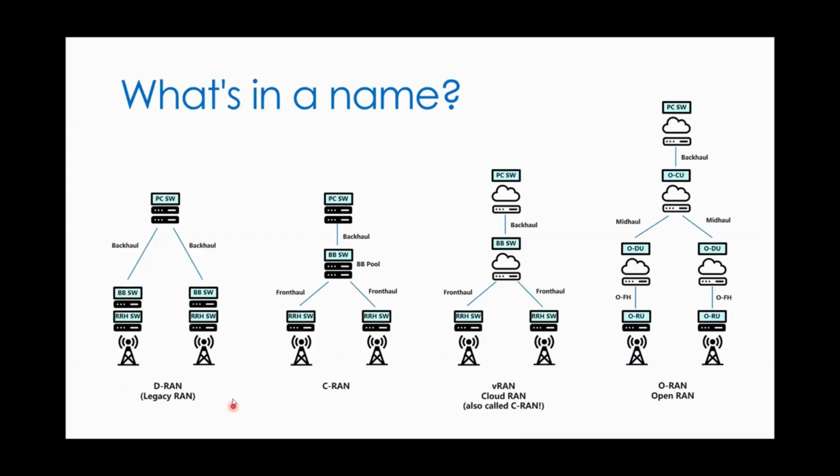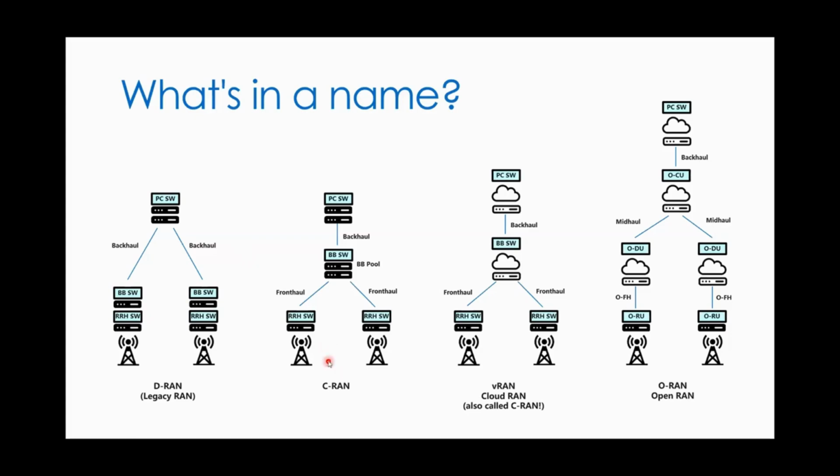So the first is what's called distributed RAN or DRAN. This is the typical legacy RAN deployment where you have a core, and your baseband and radio software are distributed throughout the network, with the antennas or close to the antennas in a distributed fashion.